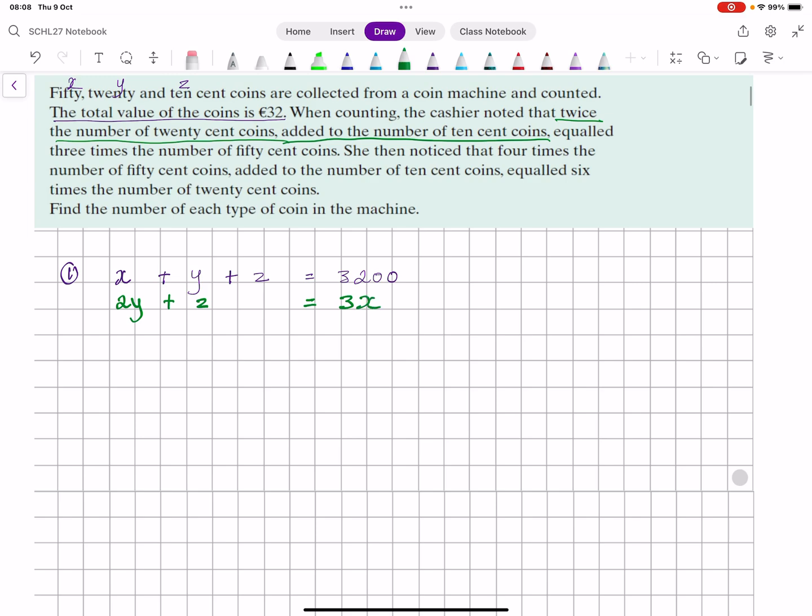That's 3X. Now I'm going to bring this over and make that minus 3X plus 2Y plus Z is equal to 0, just so I can have the equations with X, then Y, then Z. Let's look at our next one.